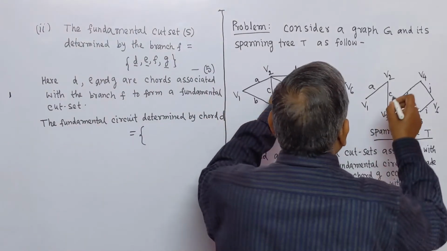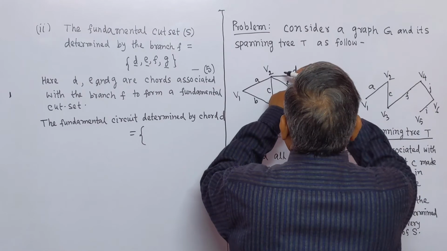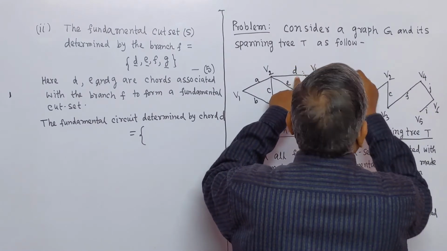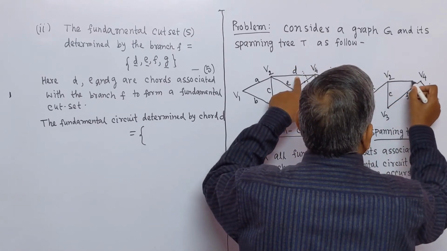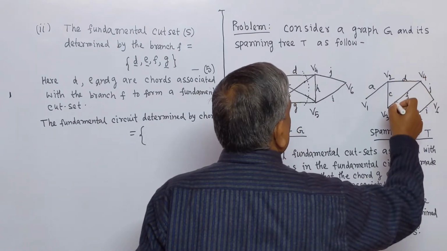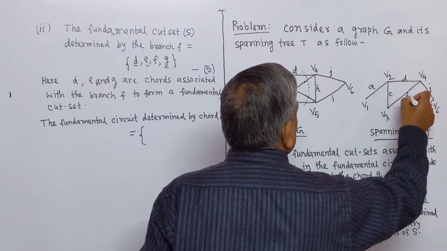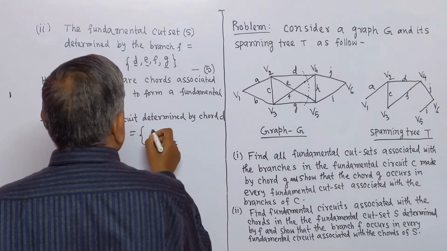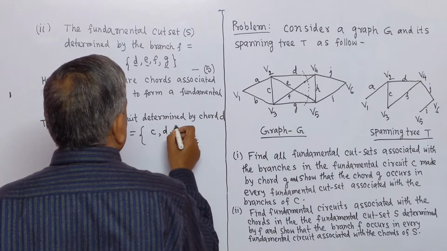If we join D with V2 and V4, this is D, C, D, F.